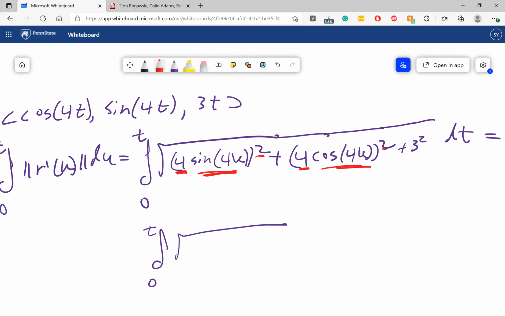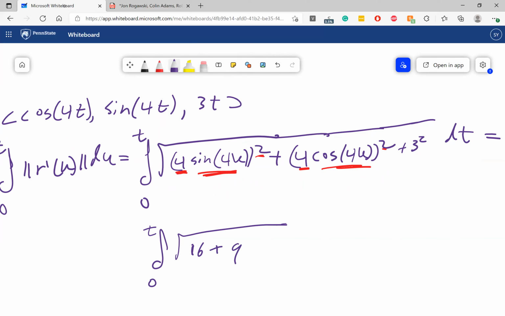And you just put those two 4s together, so that's going to be 16, plus 9.